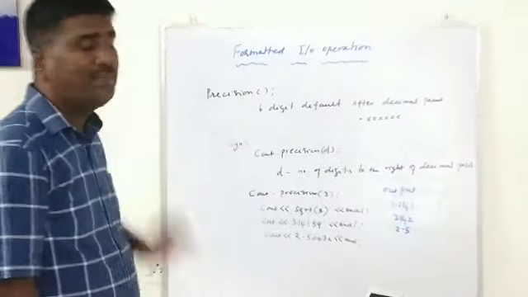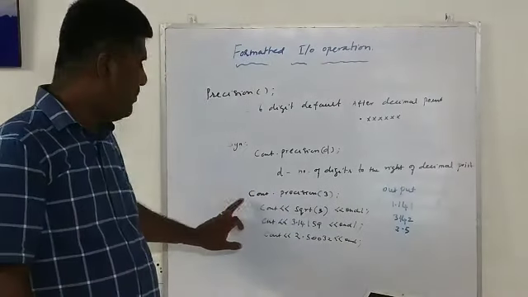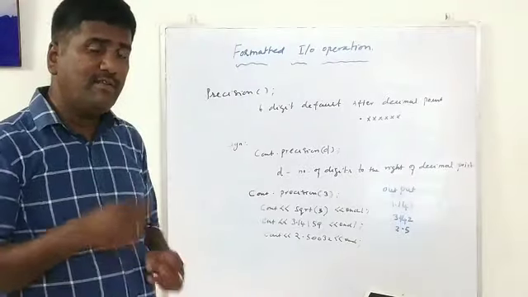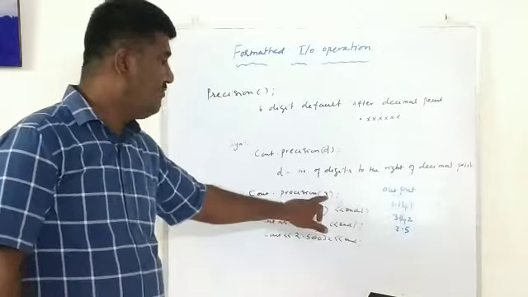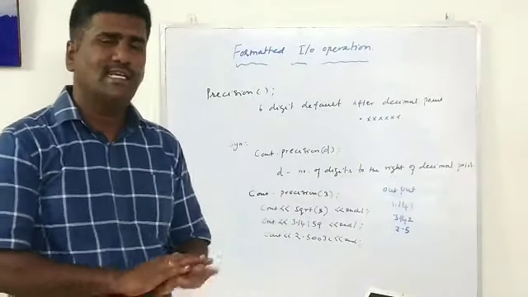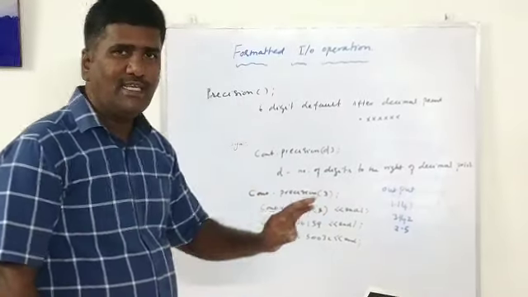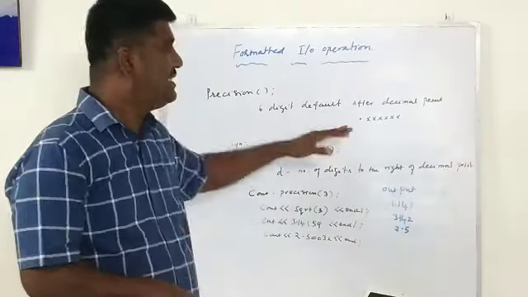But here the precision's value is applicable for all statements. Only when we reset the precision value will it change. Otherwise it never changes. Suppose after set precision we use 100 lines; in those 100 lines the set precision value 3 is applicable. So this is the only difference between width of 5 and precision of 3.